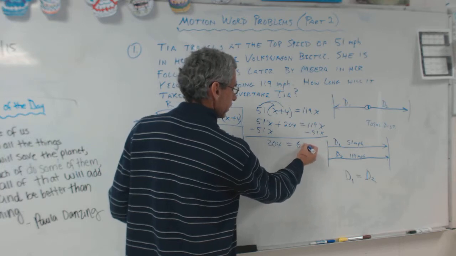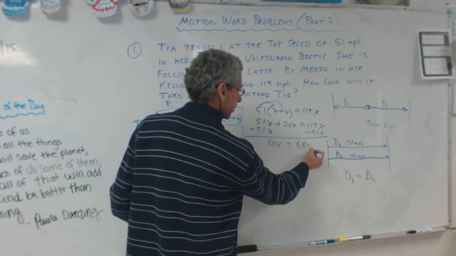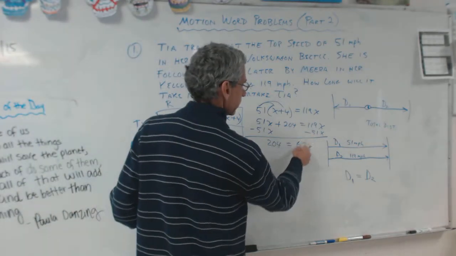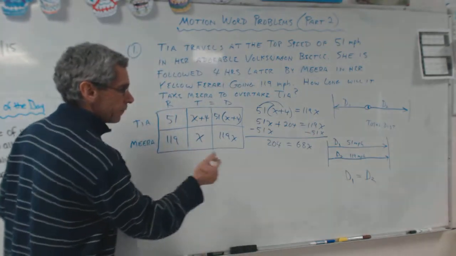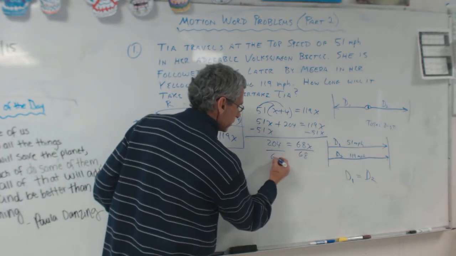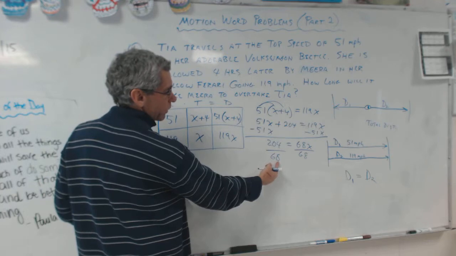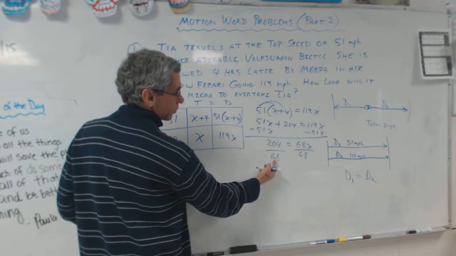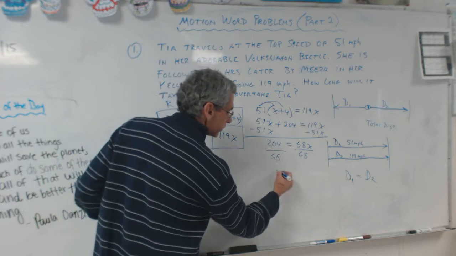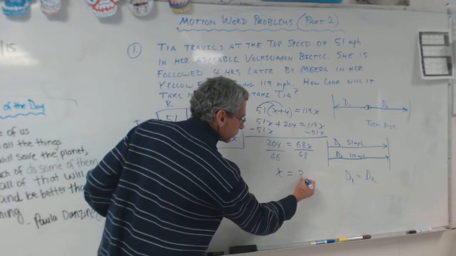Is that right? 68? I'm trusting you guys. 119 minus 51, that's right. Okay, so then we're going to divide by 68. That's 3. 3 times 8 is 24, that sounds right. So x is equal to 3.